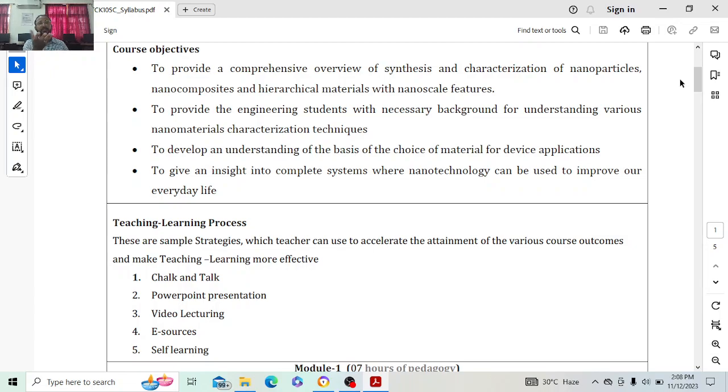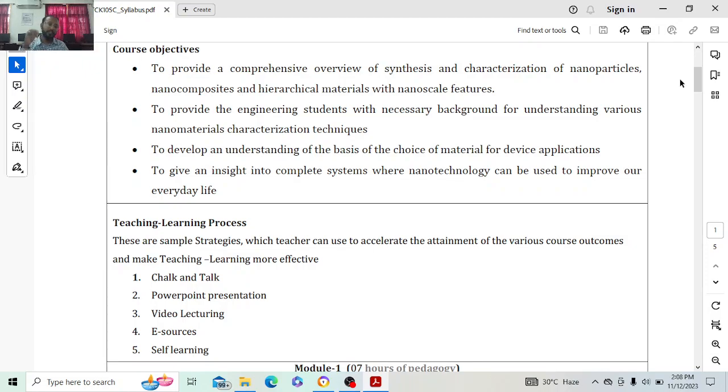So instead of using silicon oxide, whatever material we have between the source and drain, the channel material you are using, that material can be replaced by nanomaterials, so that the electron transfer from the source to drain will be faster, so that the conduction will be faster. All these things can be applications in the electronics field.